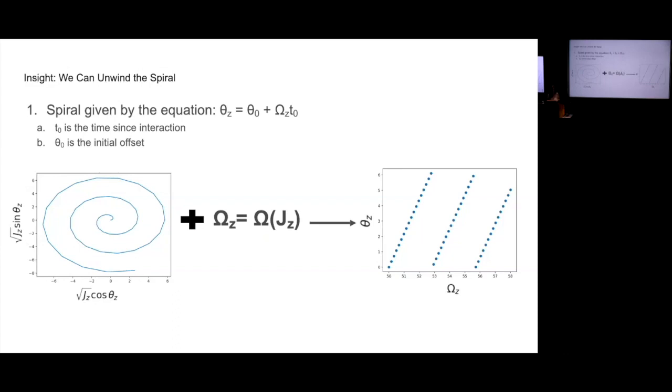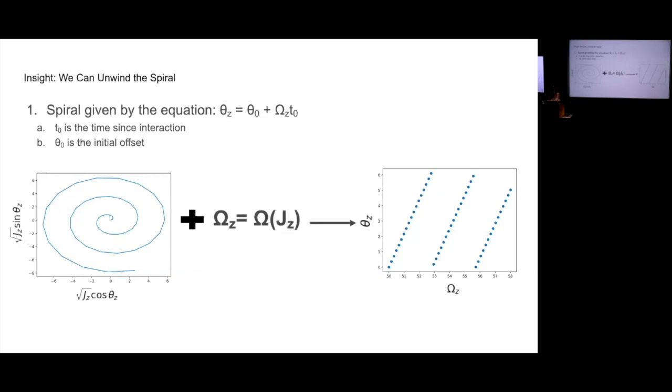You have some initial theta naught, which is the initial angle of your perturbation, and then that winds up according to your frequency times the time. So omega z t naught will give you how far the spiral has wound since the initial interaction.